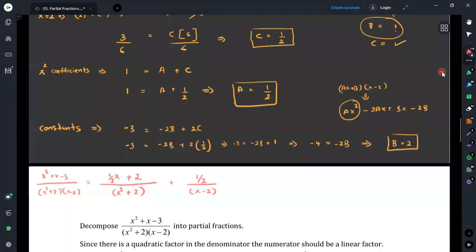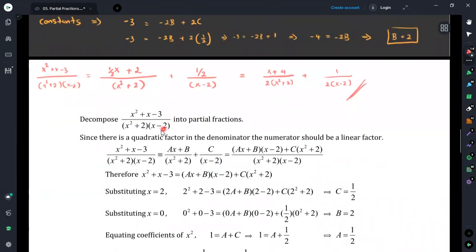Then we can solve this further by taking the common denominators, and if you solve it, for the first part we'll get x plus 4 over 2 times x squared plus 2, plus 1 over 2 times x minus 2. Therefore, this is what we are getting as the partial fractions decomposition of the given algebraic fraction.